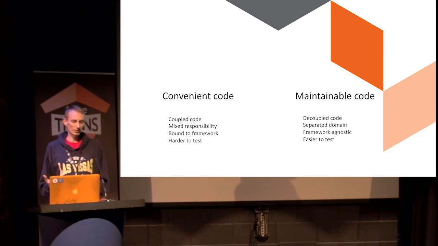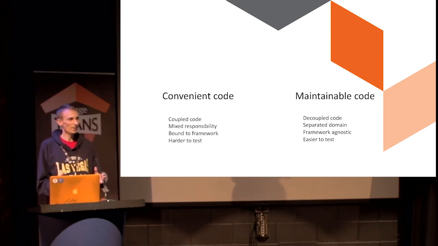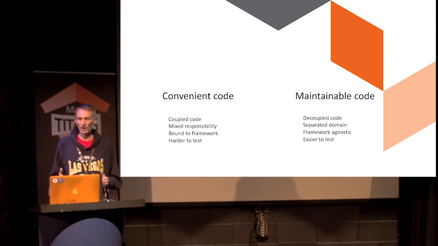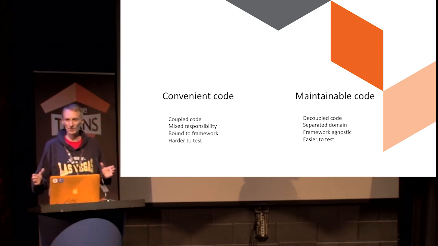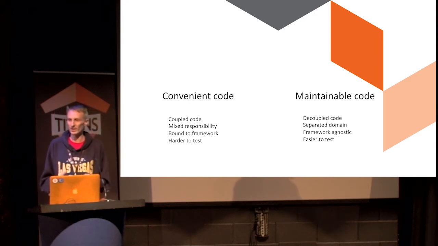Whereas on the flip side, if we look at maintainable code, we say that it's decoupled. We can actually take it and put it into different places. It's separated domains. So if we think about domain-driven design, we talk about our bounded context and our domain objects. And we can think about that in our maintainable decoupled code as being representations of business logic.